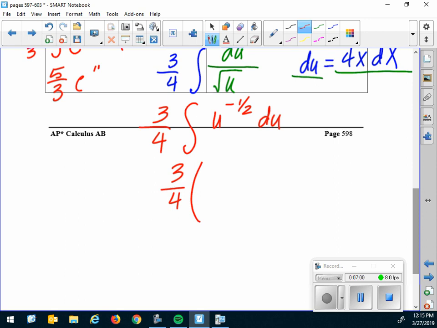To the power times, because it's u to the 1/2 divided by 1/2.